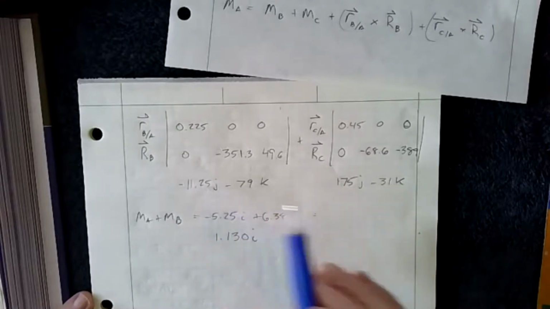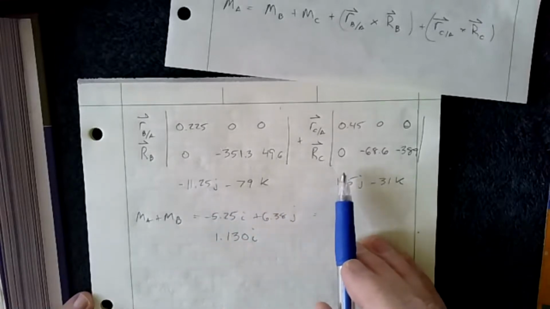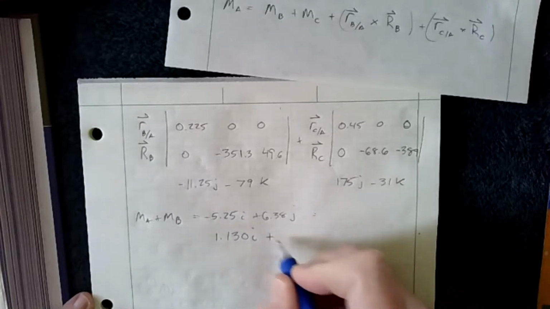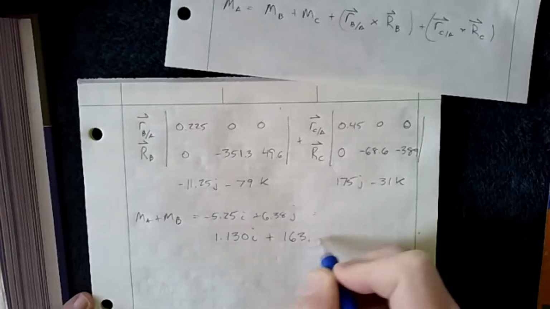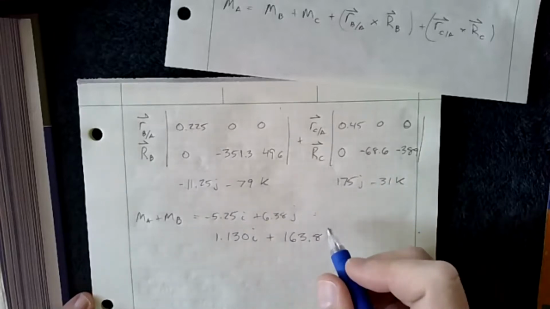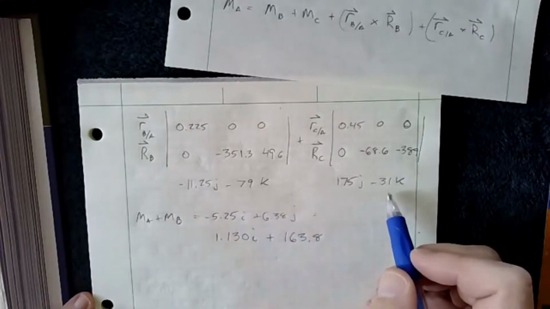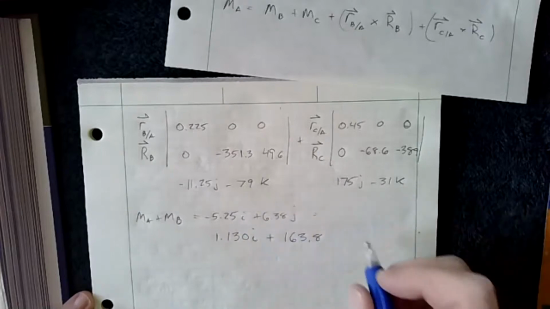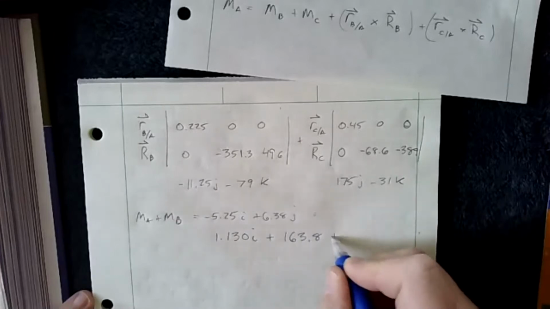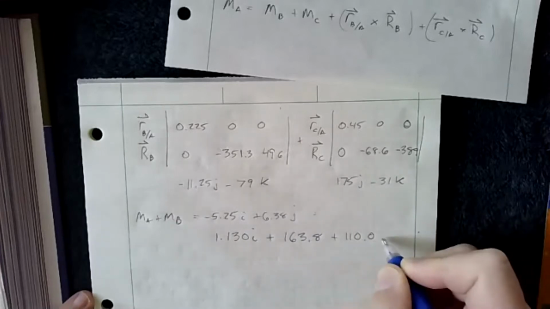So if we add this to this, so negative 11.25, we get plus 163.8. And if we add the 79 to 31, we get essentially 110. So plus 110.0.